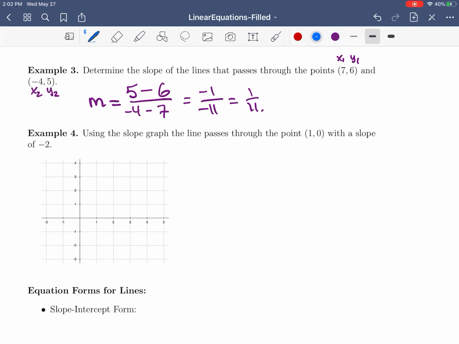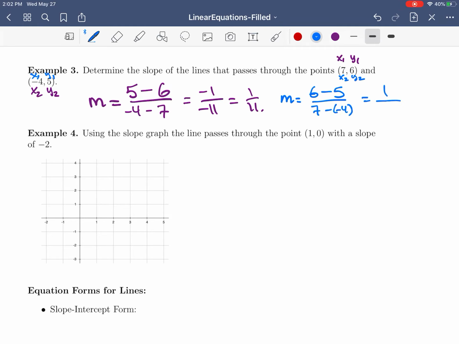Now, just so you believe me, let's change the order. I'm going to call this point point 2, and this one can be point 1. And then our slope would be 6 minus 5 over 7 minus -4.